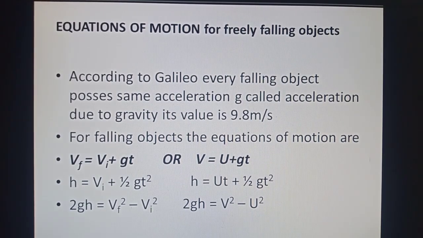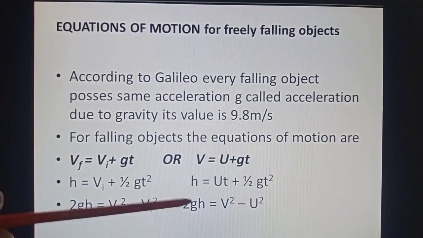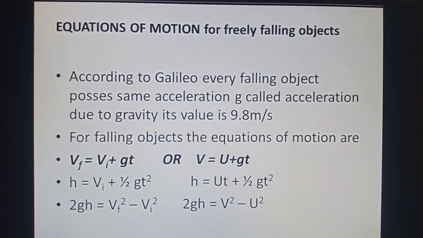Similarly, the third equation of motion for a freely falling object becomes 2gh equals Vf square minus Vi square, or 2gh equals V square minus U square. In some books you will find the pattern like this, or you will find the pattern like this.